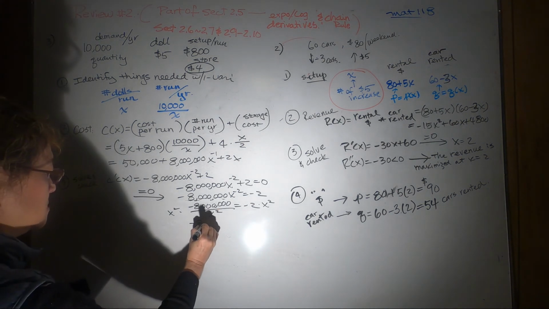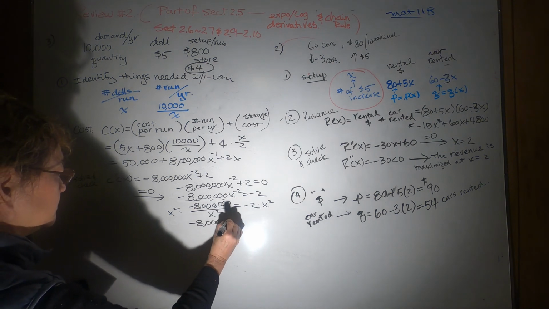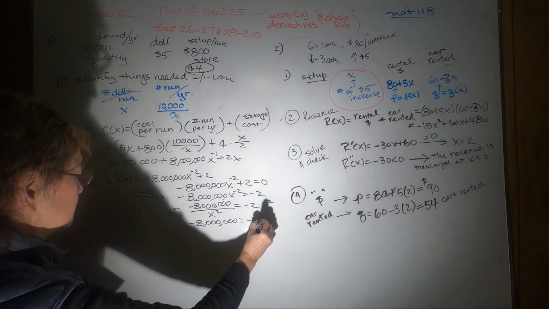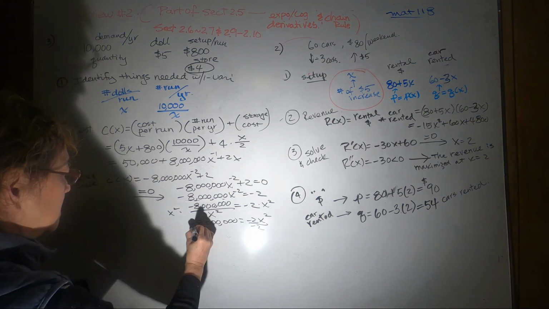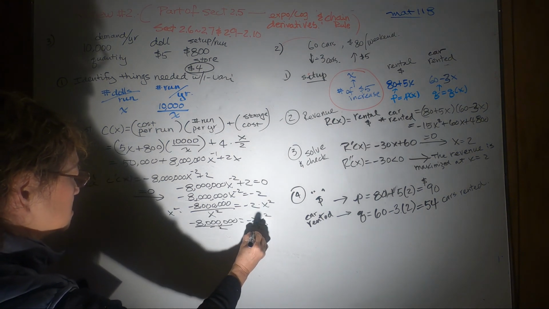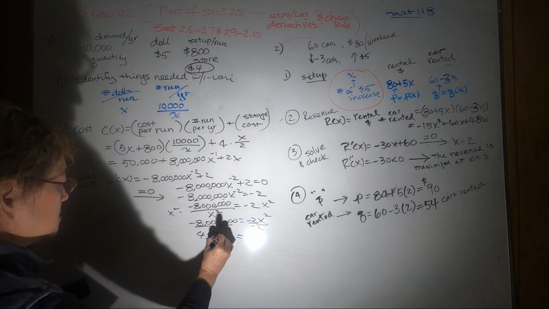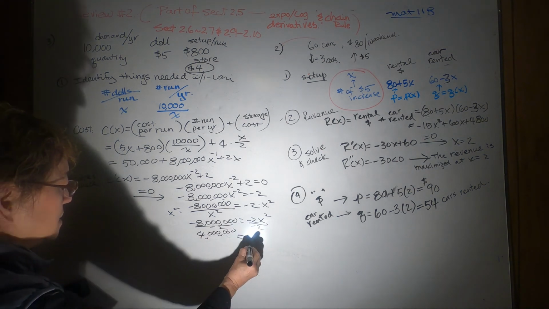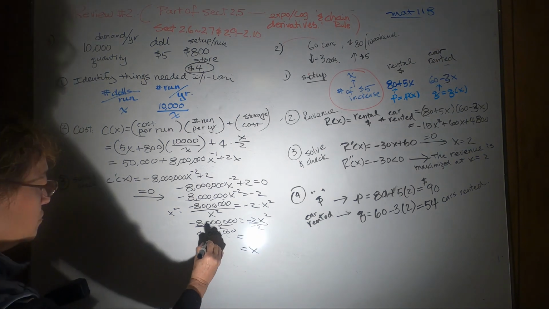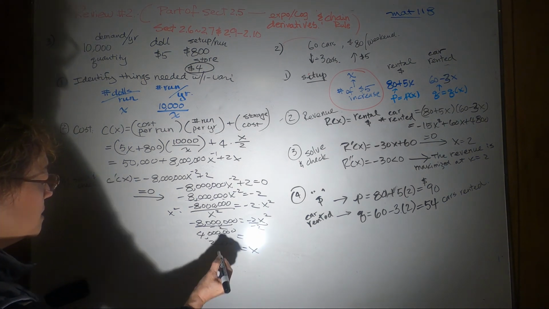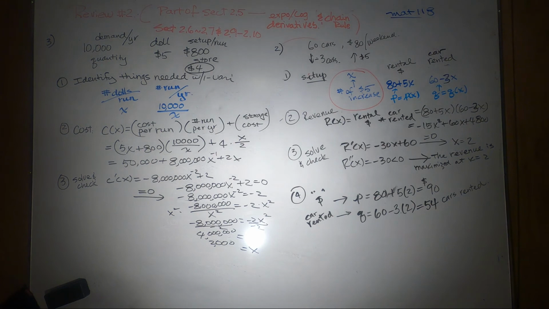Then you have this one. Then you divide it by -2, so x squared is what? 4,000,000. Then you take the square root, which is what? 2,000. We don't use negative, right?